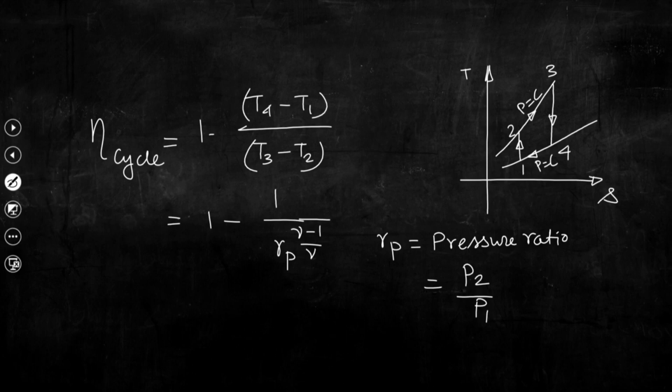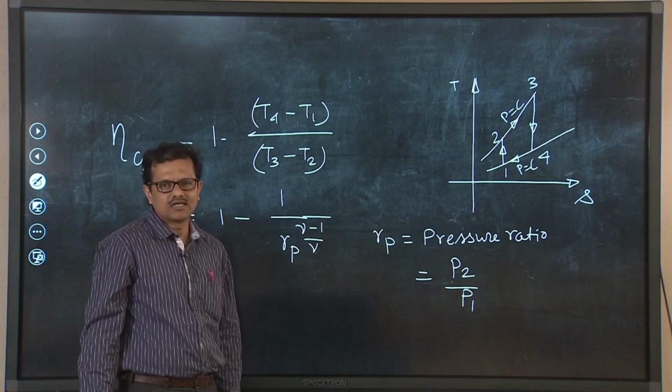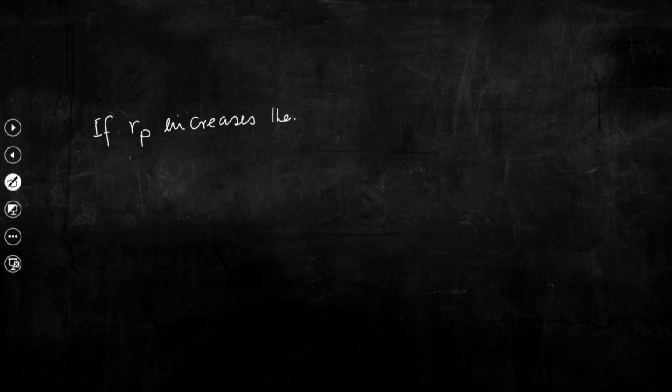And if we keep on increasing the pressure ratio, if it is possible at all, then perhaps the cycle efficiency of the Brayton cycle can be compared to the efficiency of the Carnot cycle. So, if Rp increases, then eta cycle will increase.